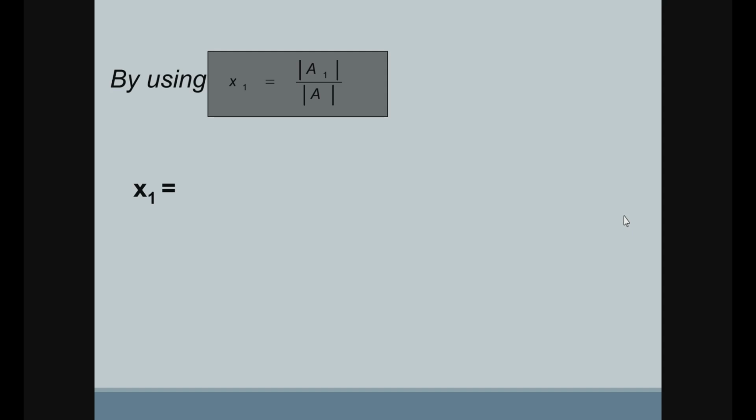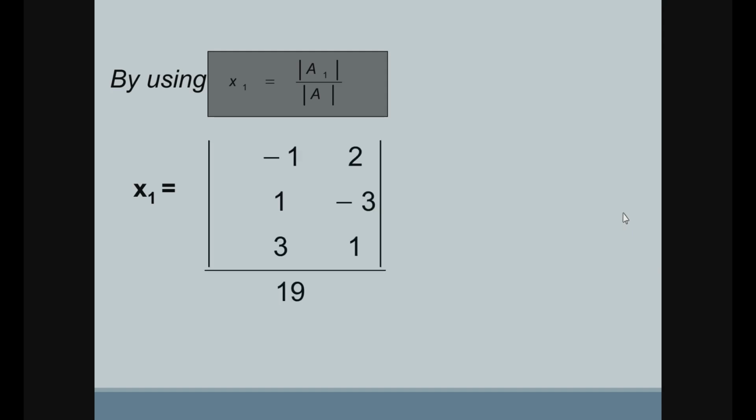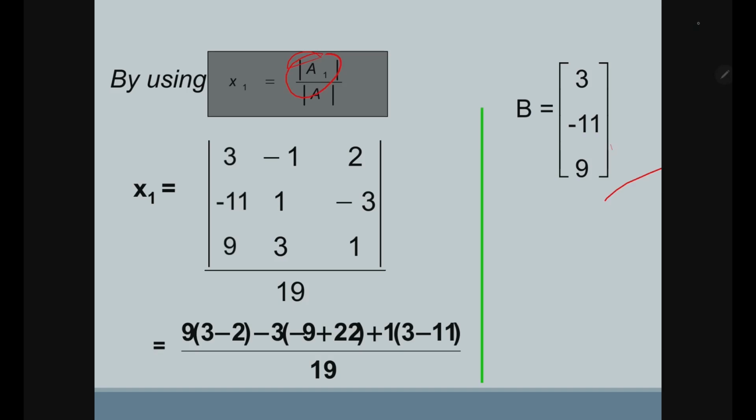By using the Cramer's rule formula, we need to find the determinant of A1.